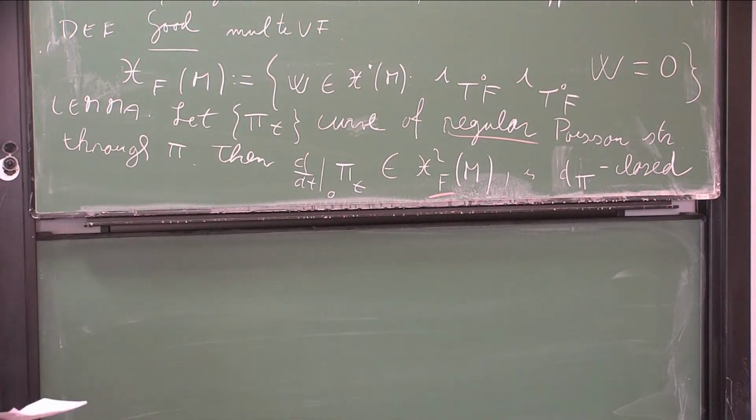Okay. So being in X_F doesn't mean that the subspace of TM induced by the bivector contains F. For pi to be in X_F doesn't mean that the image of pi sharp contains F. The image of pi sharp is F by definition.